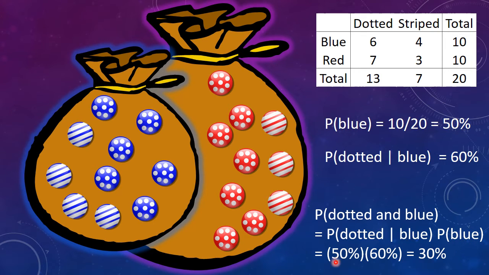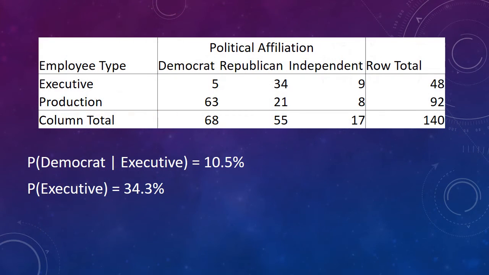So we take 50% and 60% and multiply them, and we get 30%, which is what we found before when we took the number of blue dotted marbles, 6, and divided by the total number of marbles, 20, which gives 30%. Or we could look at the employee type and political affiliation example.